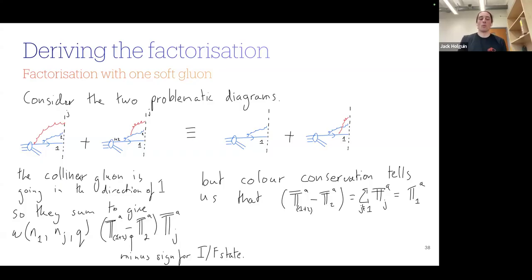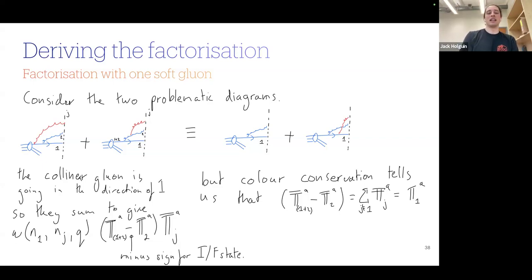Now, obviously we have to coherently sum these 2 diagrams to get our cross section for the process. And in doing so, the important thing is that the soft gluon only cares about the directions of the particles that emitted it, as I mentioned before.